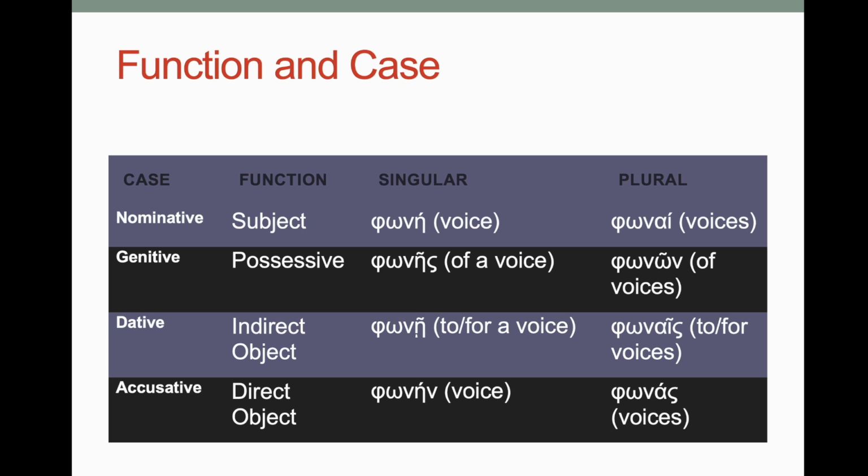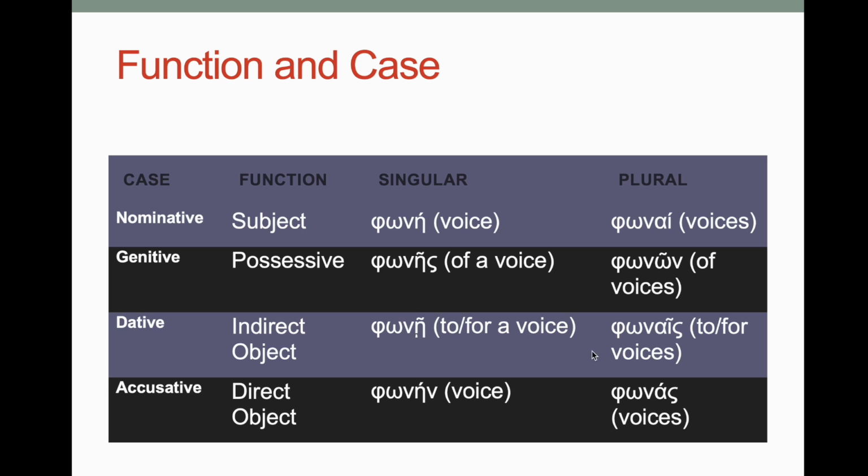The dative or the indirect object in the singular form is phone, and notice that iota subscript that I talked about last week. This is a situation where the end of the noun stem lengthens, and the iota, which is the real ending, subscripts.